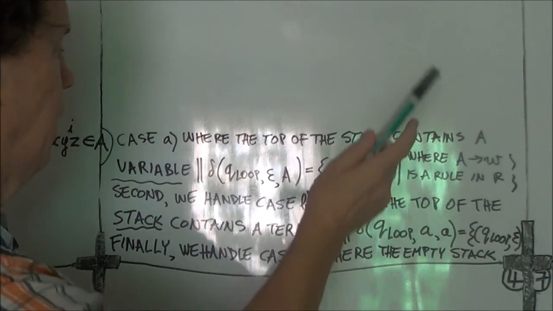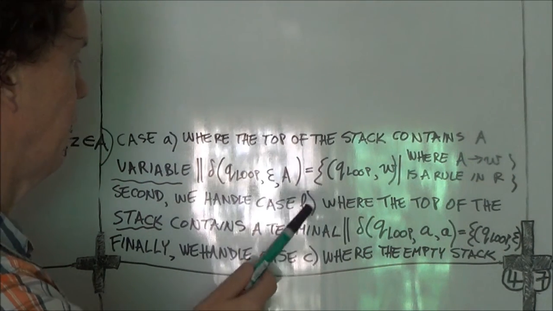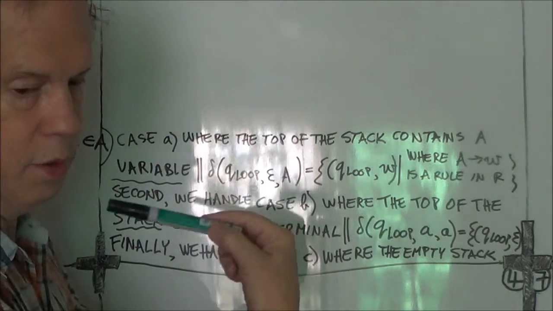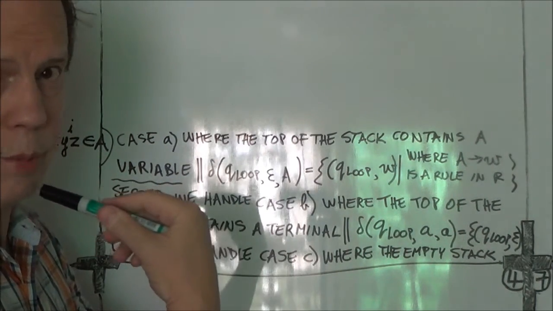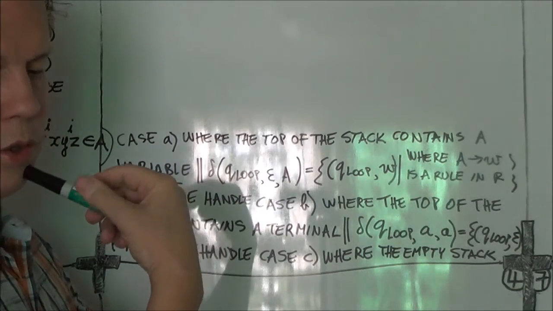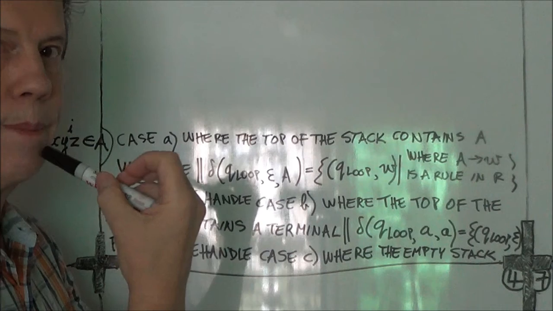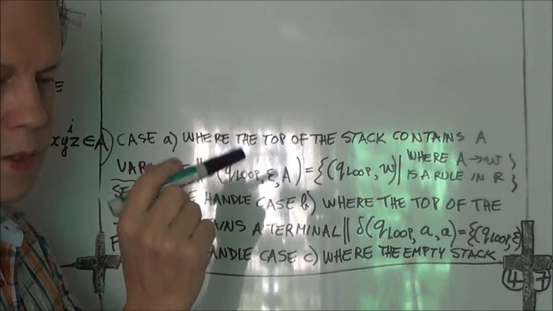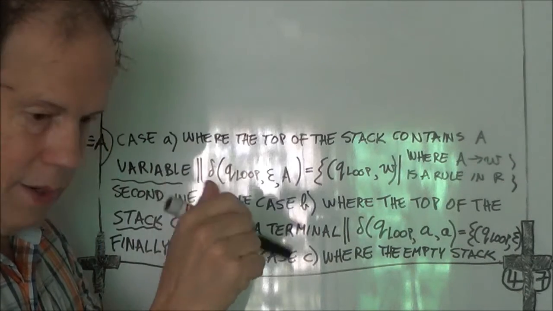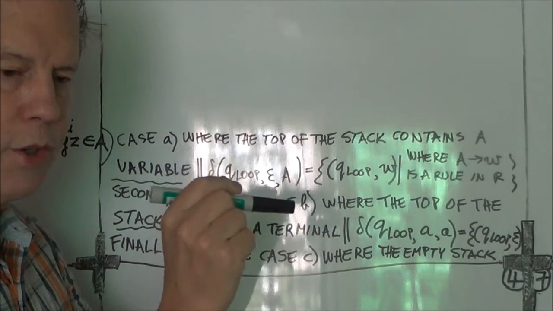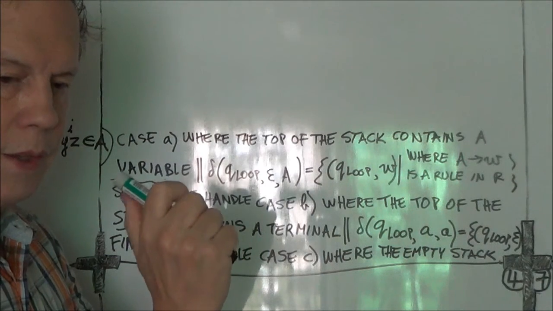All right. Now, what do we do in the case of case B, where the top of your stack is now a terminal? Well, you want your machine to behave like a grammar, right? So if it's seeing a terminal at the top of its stack, that terminal is generated by the grammar. But you want the grammar to behave like the PDA.